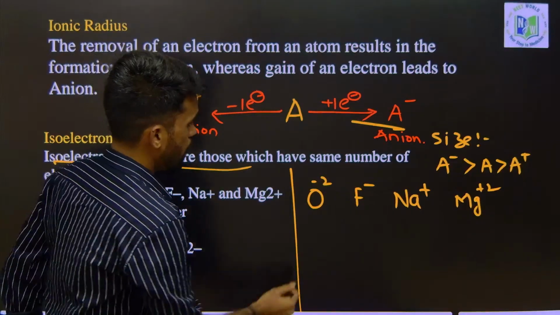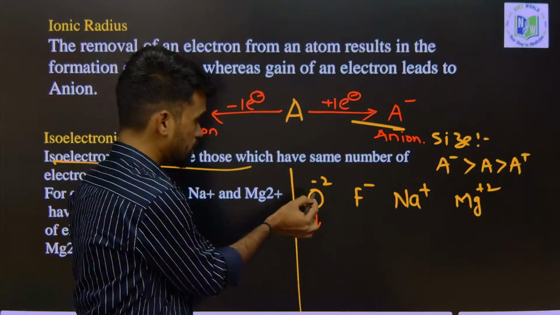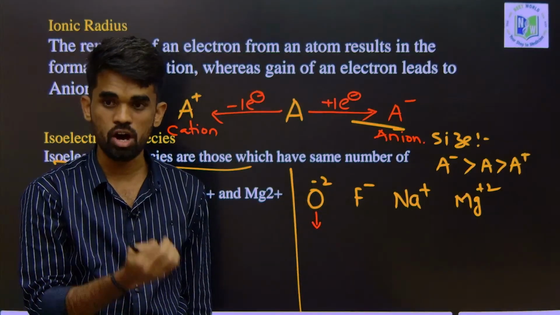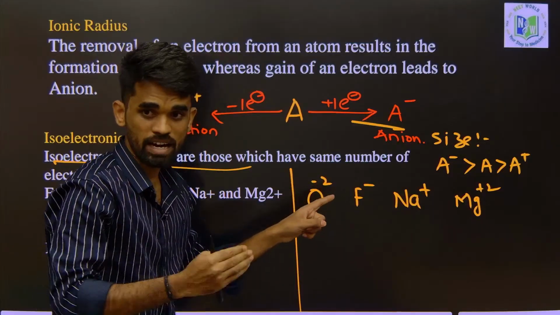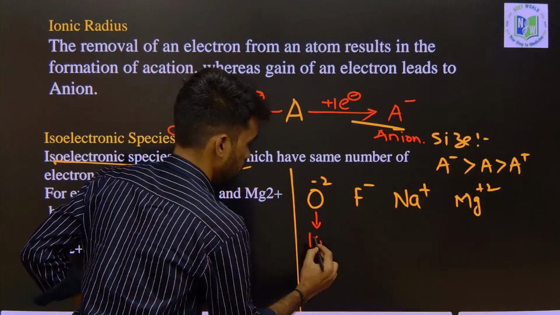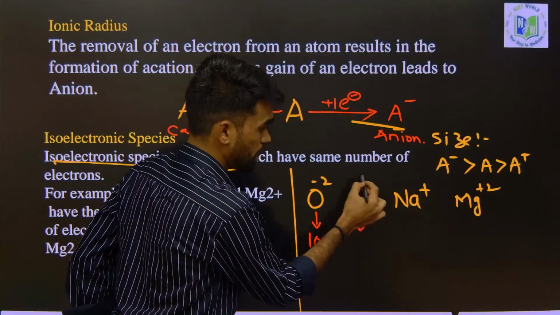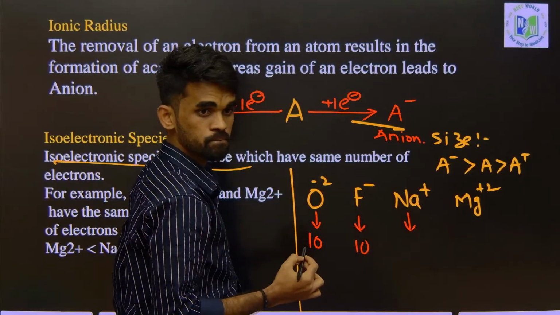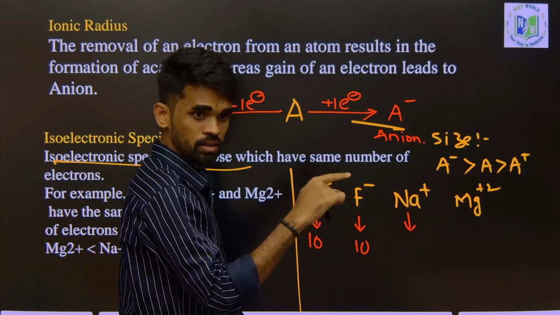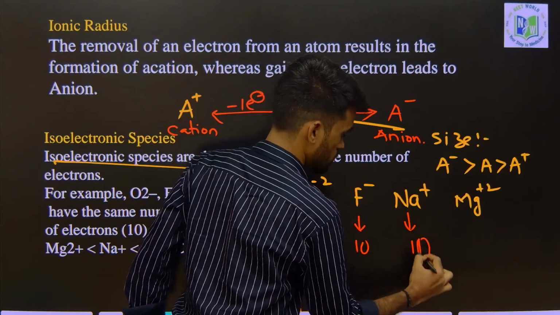Based on the understanding from these, you can answer directly. Tell me how many electrons are there here? For O minus 2, oxygen's atomic number is 8, minus 2 means 2 more electrons added, so 10. Fluorine is 9, with 1 electron added, so 10. Sodium's number is 11, remove 1 electron so that it becomes unipositive, so 10.